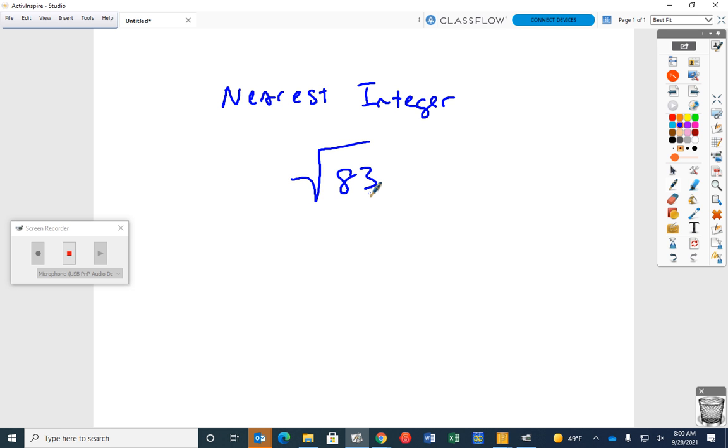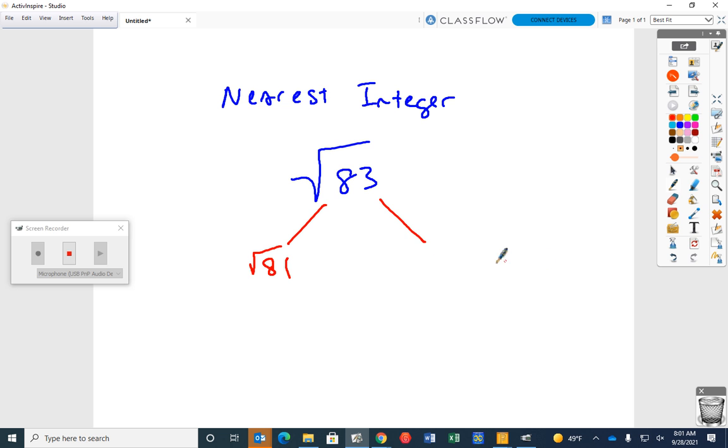So what does that mean? Here's what I'm going to do when I see a problem like this. I'm going to list the two closest perfect squares. What's the closest perfect square less than 83? 81. What's the closest perfect square higher than 83? 100.